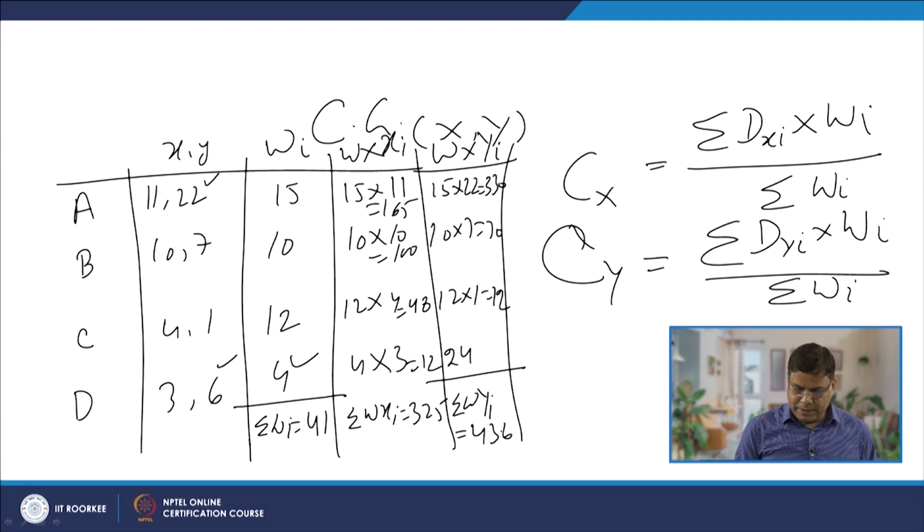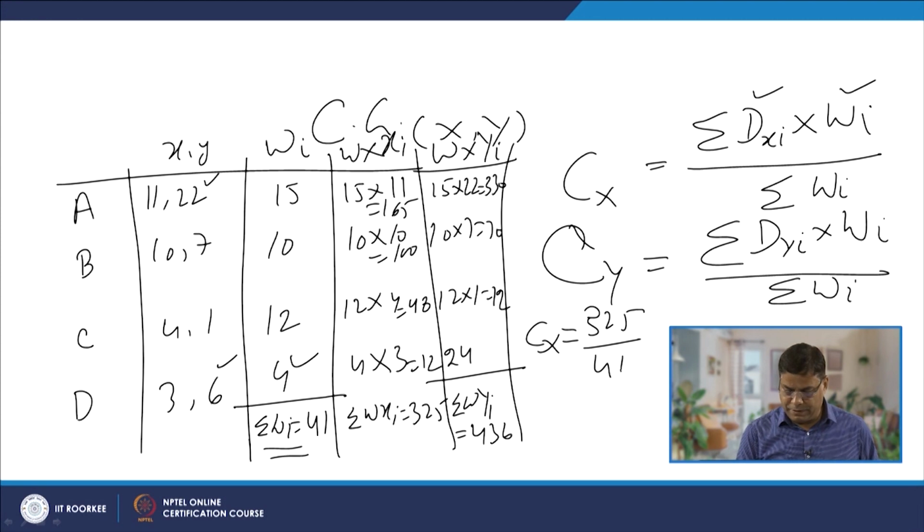So, let us say W into x I, where x I is the distance, that is for C x is 325 divided by the algebraic sum of all these weights, that is 41.